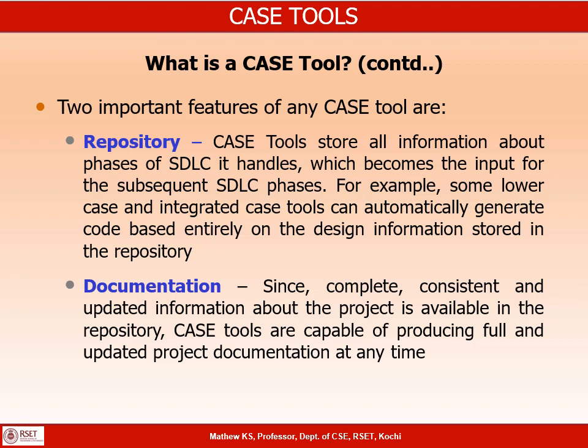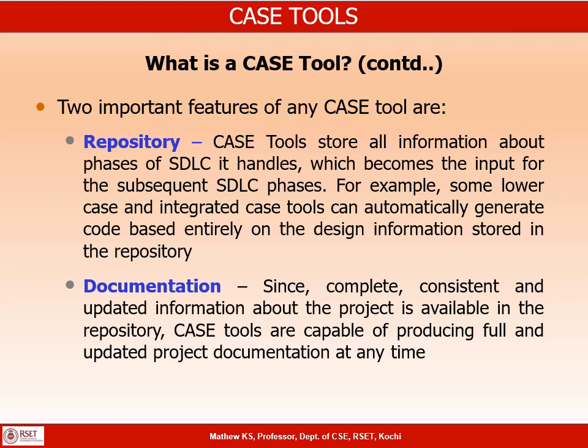Documentation: all the CASE tools will also provide some documentation of the work done by that tool. It will generate the documentation of the design models, like class diagrams and sequence diagrams, automatically from the analysis and design CASE tools. It will also generate documentation of the respective activity models done by that particular tool.